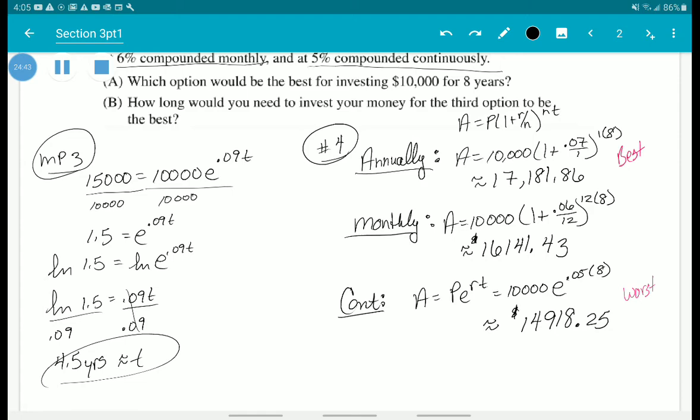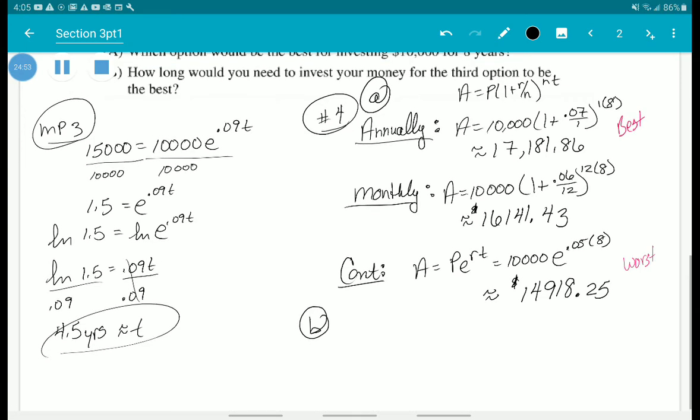So let's look at the graph so we can answer part B. How long would we need to invest our money for the third option to actually be the best option? So we're going to graph these equations with respect to time. For the annually one, we're going to have A is equal to 10,000 times 1.07 to the t.